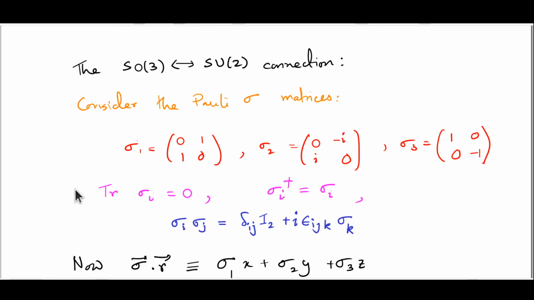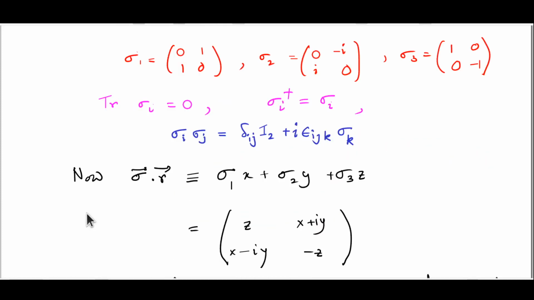Now, given these 3 sigma matrices, we can form a matrix by combining them together using 3 components, which we will call 3 components of a vector R, x, y and z. So sigma dot R is simply nothing but the combination sigma 1 x plus sigma 2 y plus sigma 3 z, and using our definition of the sigma matrices, this simply turns out to be the 2x2 matrix (z, x plus iy; x minus iy, minus z).